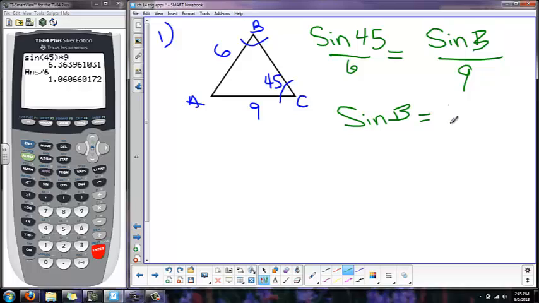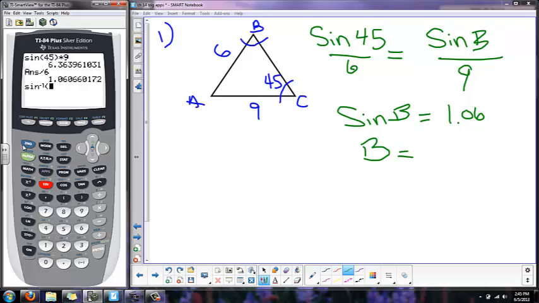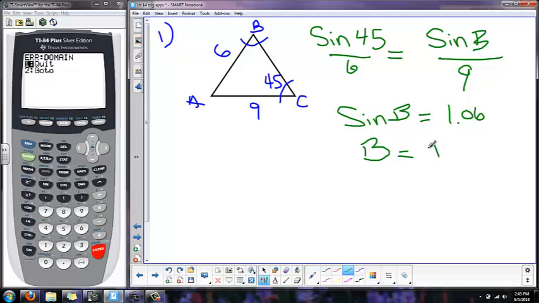So sine of B is equal to 1.06, and right away you should recognize that that's not going to work because it's bigger than 1. So angle B, and if you forgot, you'll get an error when you do this. Sine of B does not exist, DNE, meaning how many triangles are possible? No triangles. That's your answer.